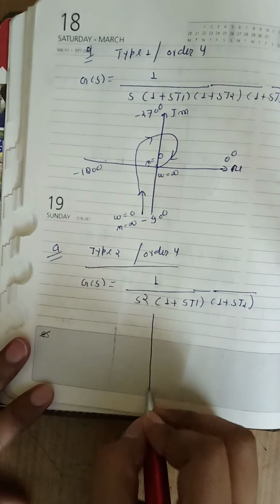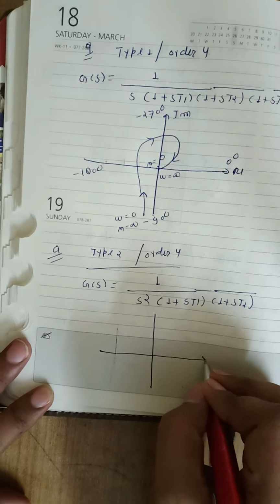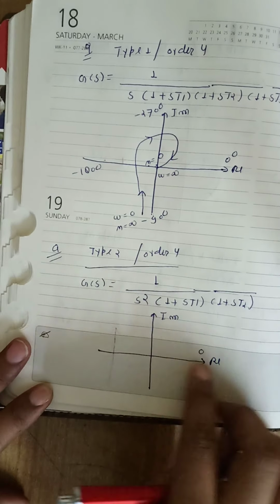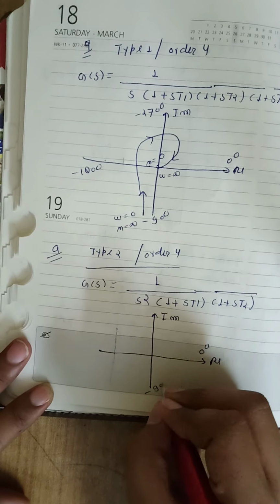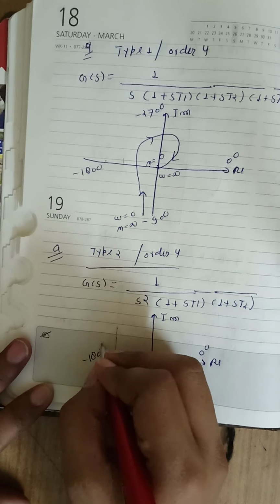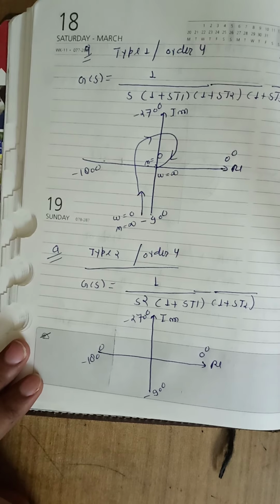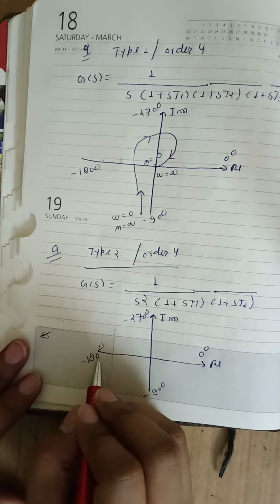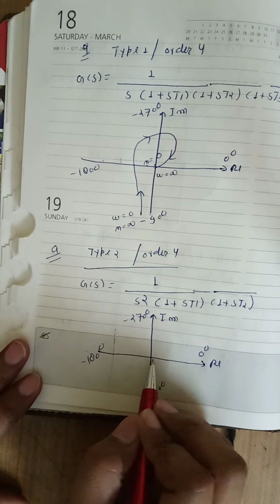Now let us see how we can draw the polar plot for a type 2 order 4 system. Horizontal will define the real axis, vertical will define the imaginary axis. This line will define 0 degree, this line will define minus 90 degree, minus 180 degree, minus 270 degree. Type 2 means minus 180 degree line.